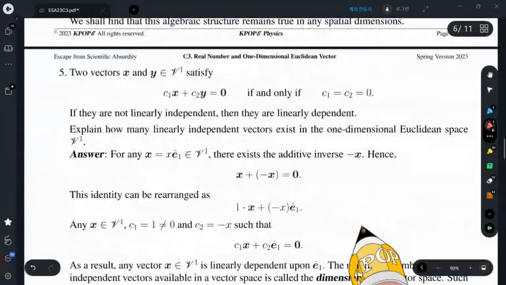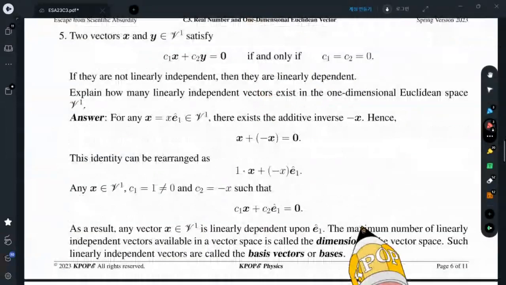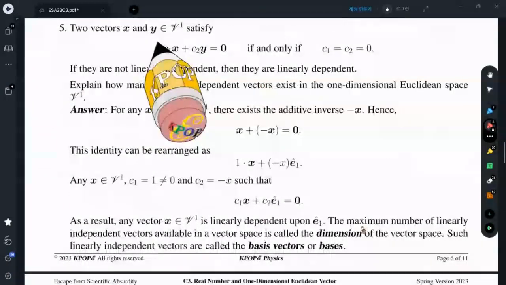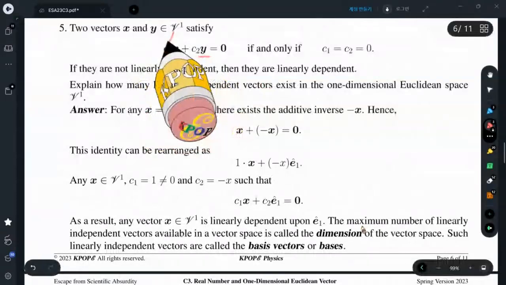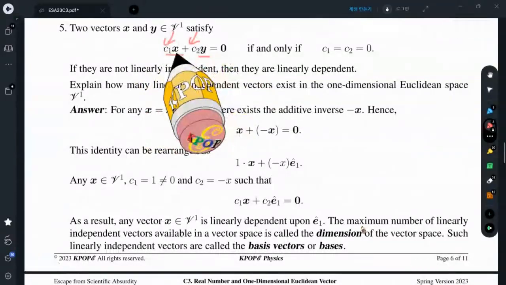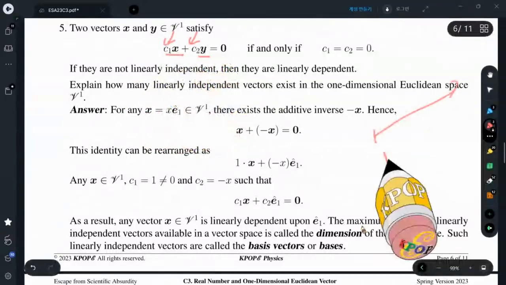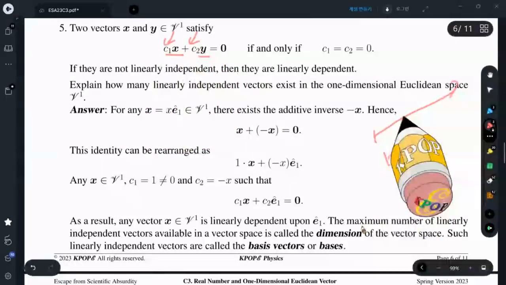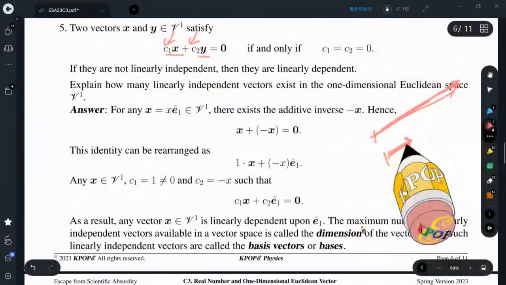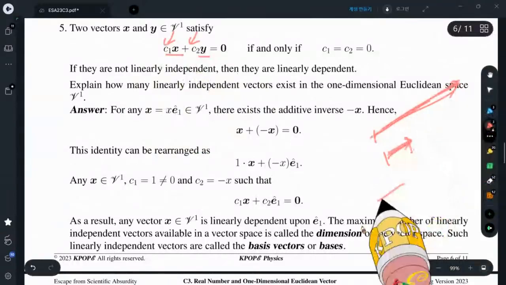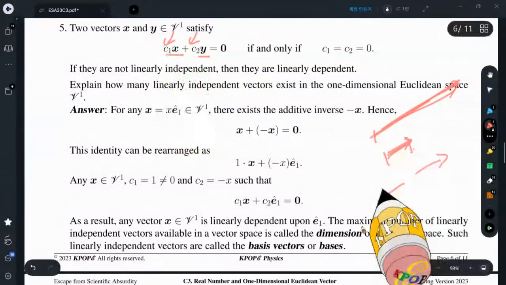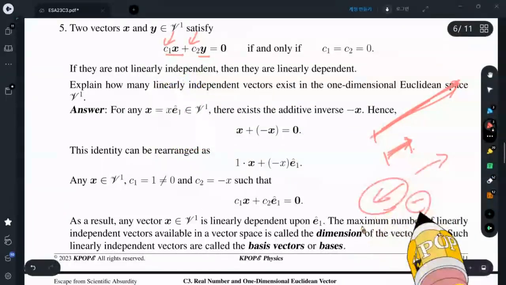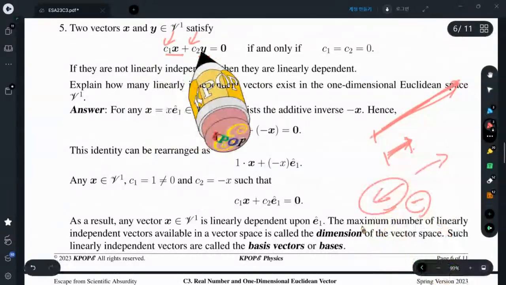Next, we consider two vectors x and y. We multiply a scalar, rescale a vector, elongate or shrink. So change the magnitude. Or sometimes if I multiply a negative sign, change the direction from this to there, and then add them up.